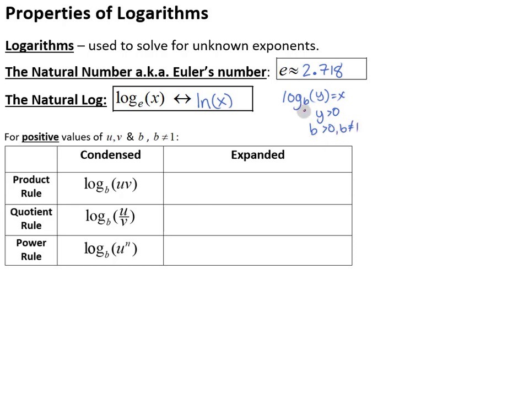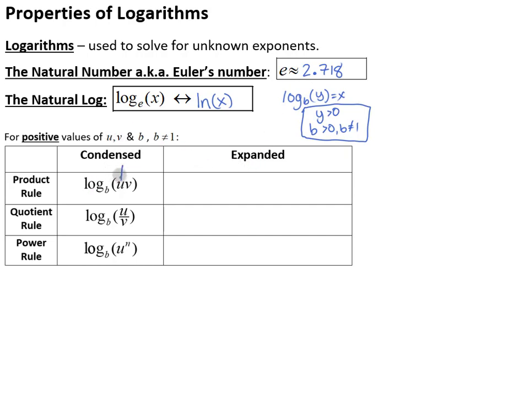So these are some restrictions on logarithms in general. Okay, the inside value has to stay positive or the logarithm is undefined, and our base has to be a positive value not equal to 1. Okay, so a little bit of restriction.